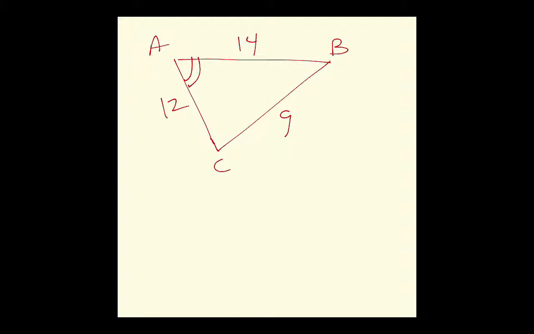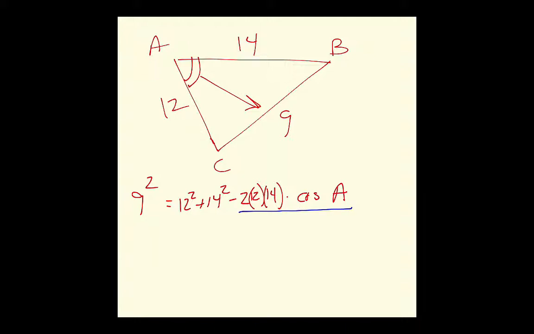If angle A is what I'm looking for, that's going to end my law of cosines. So the cosine of A will end the formula, and 9 is across from that, so 9 squared will start it. Because the law of cosines says 9 squared should equal 12 squared plus 14 squared minus 2 times the 12 times the 14 times the cosine of A. And again, I need to point out, this is one giant number.